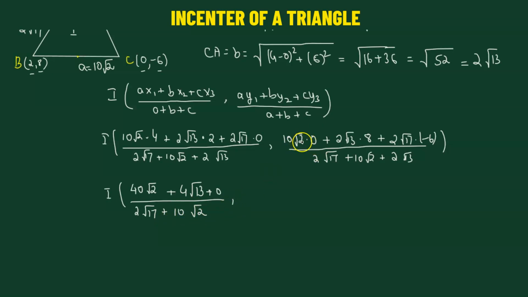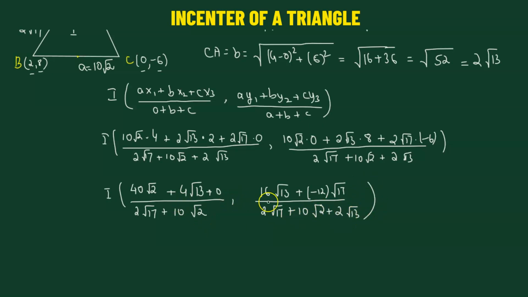Then we have 10 times square root of 2 times 0, so that's 0. Then 2 times 8, so that's going to be 16 times square root of 13. And then this is going to be negative 12, so we have negative 12 times square root of 17. And the denominator, we have 2 times square root of 17 plus 10 times square root of 2 plus 2 times square root of 13.